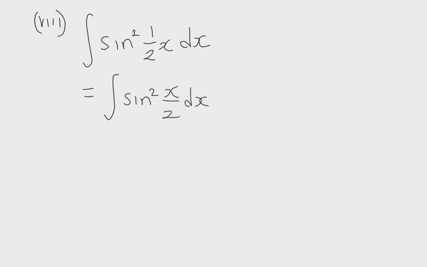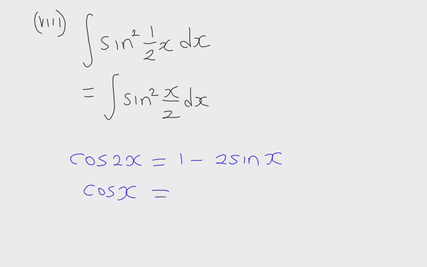But before we can solve this, let's use the trigonometric identity that says that cos 2x is equal to 1 minus 2 sine x. And now compare this, you have 2x here and you have x here. That means cos x is equal to 1 over 2 sine x over 2.